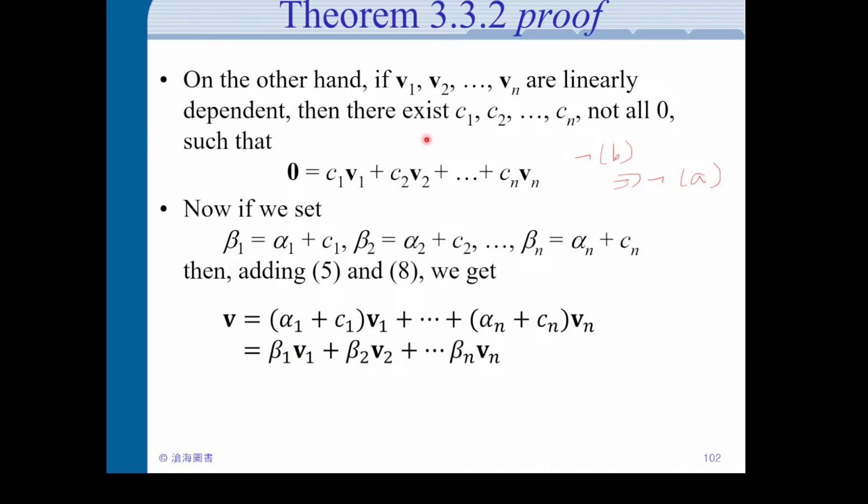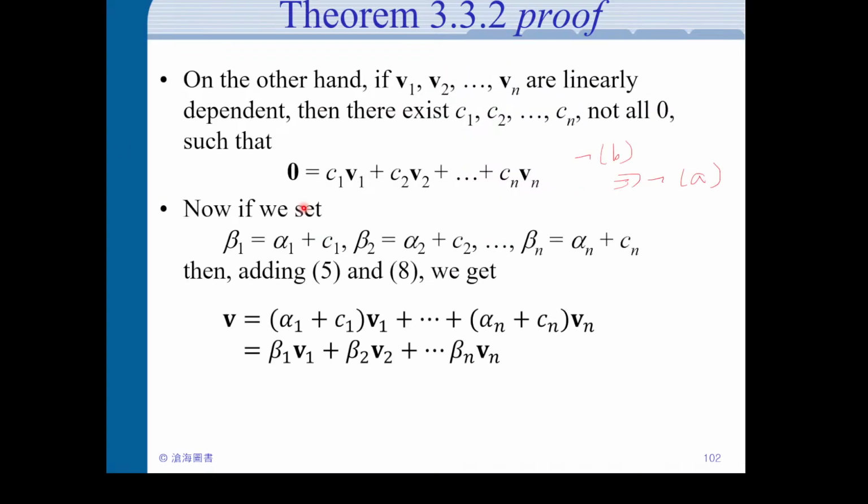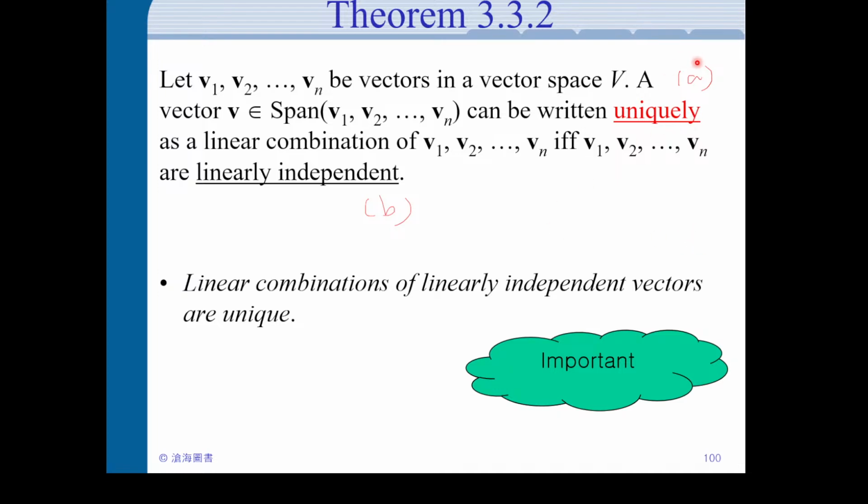Because c is not all 0, beta is not all equal to alpha, so this linear combination expression is not unique. So we proved not B to not A, and not A to not B. So we know that condition A is equivalent to condition B.